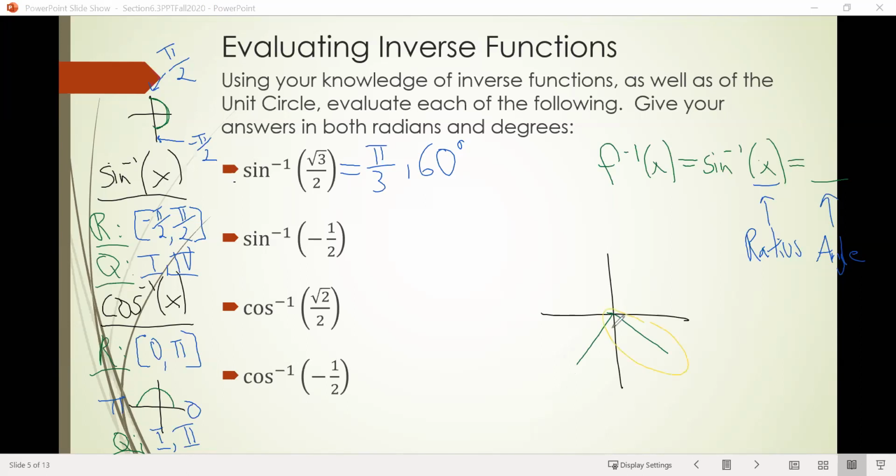So we're looking at this angle here. And if we think on the unit circle, where sine is equal to -1/2, that's going to be at 11 pi over 6, or 330 degrees. I knew that was wrong.